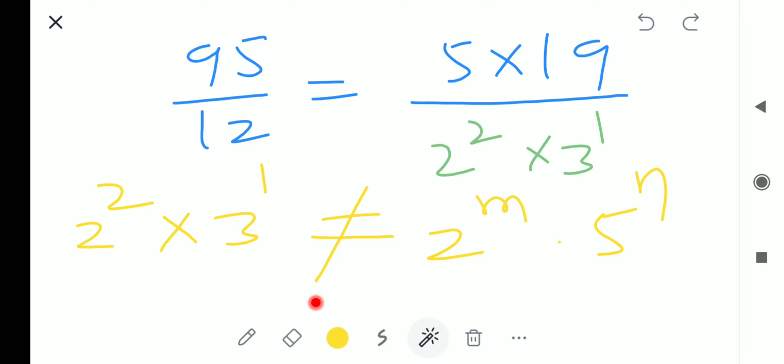Then, as I told you, in any rational number, if the denominator is in the form of 2 to the power of m into 5 to the power of n, then definitely it will have a terminating decimal. If the denominator is not in the form of 2 to the power of m into 5 to the power of n, then it will have a non-terminating repeating decimal.